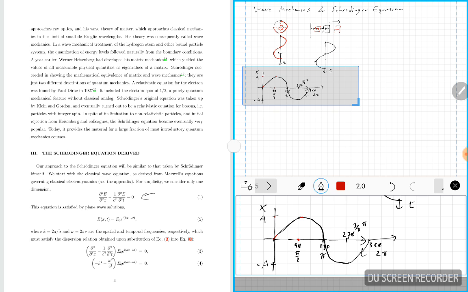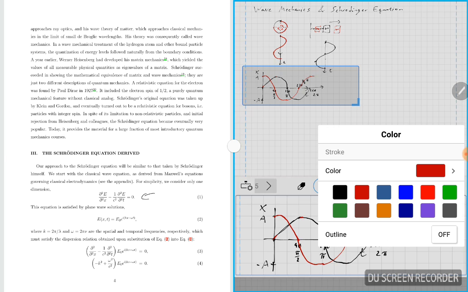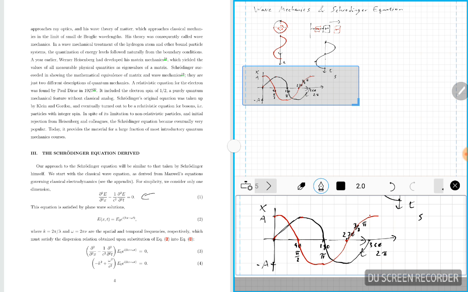The derivative here is very steep, but it's negative. And the derivative here is 0 at the minimum. And then here at 360, the derivative is very steep and it is positive. I draw that again with smooth lines, and what I get is a cosine.